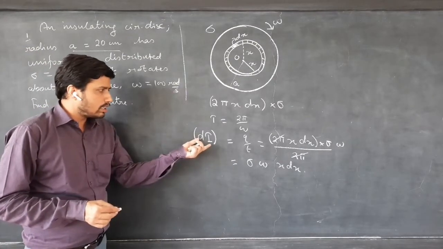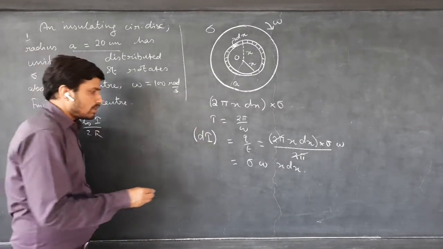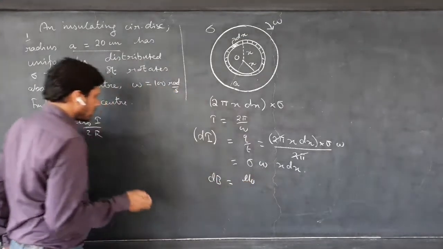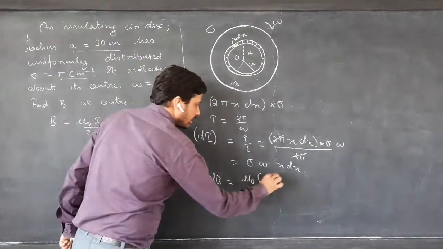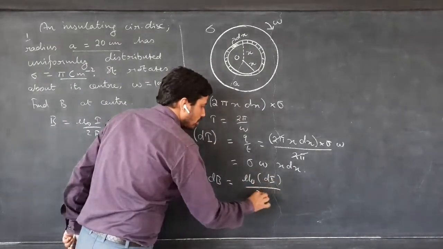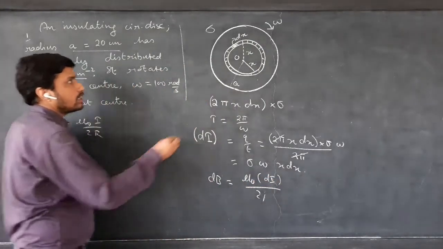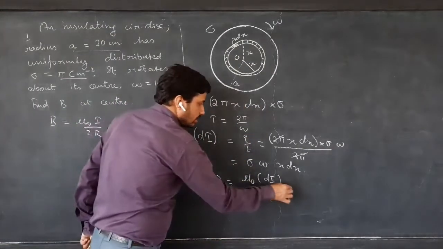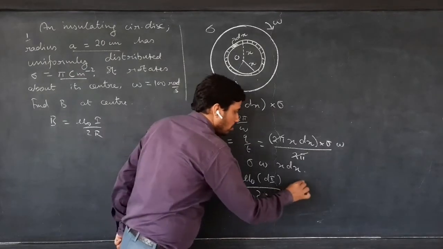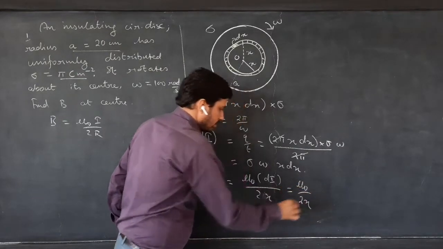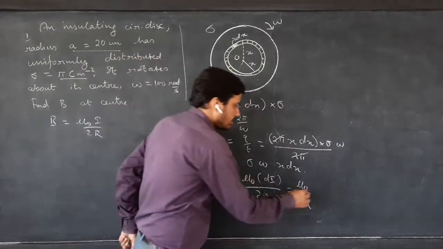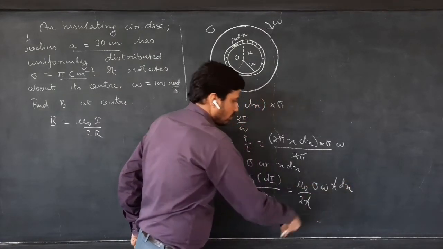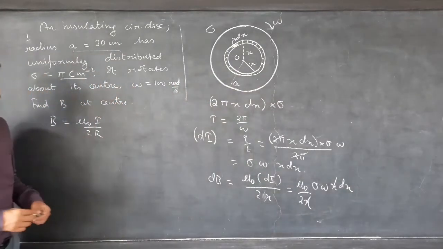Due to this element current in the ring, there will be some magnetic field at the center. That magnetic field dB will be mu naught times, instead of I, I will write dI upon 2 into radius. Radius is not r, radius is x. So this becomes mu naught upon 2x multiplied by dI. dI is sigma omega x dx. So x will also cancel.